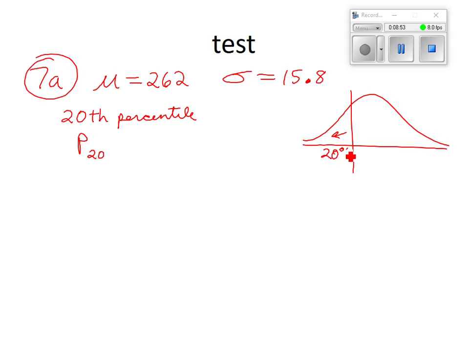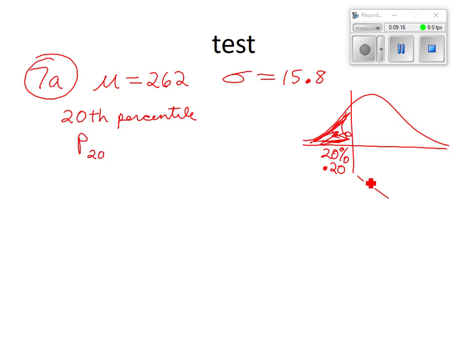20%, which as a decimal is 0.20 or 0.2. So we're looking for that. So that's the area we're looking for, the 0.2. 0.2 of the data is down this way. So on this, we know the area.